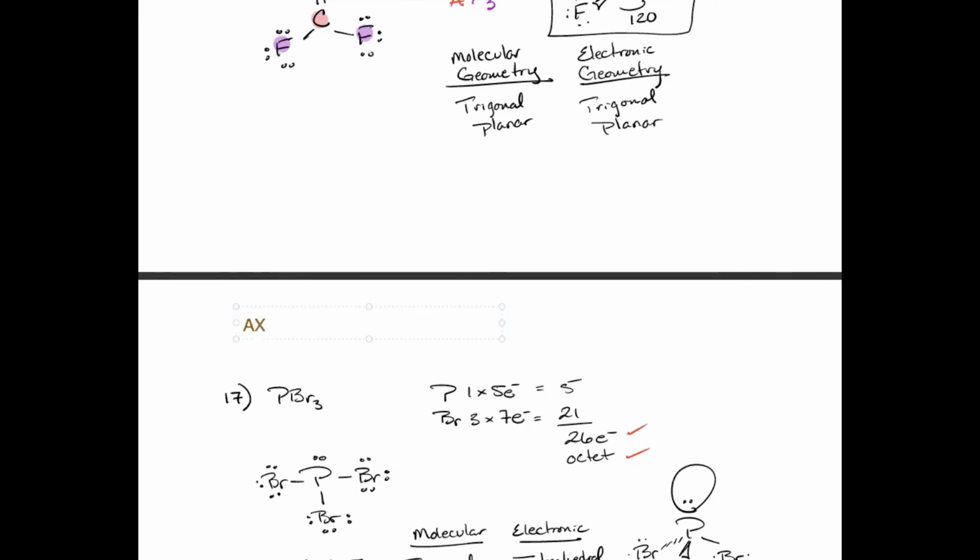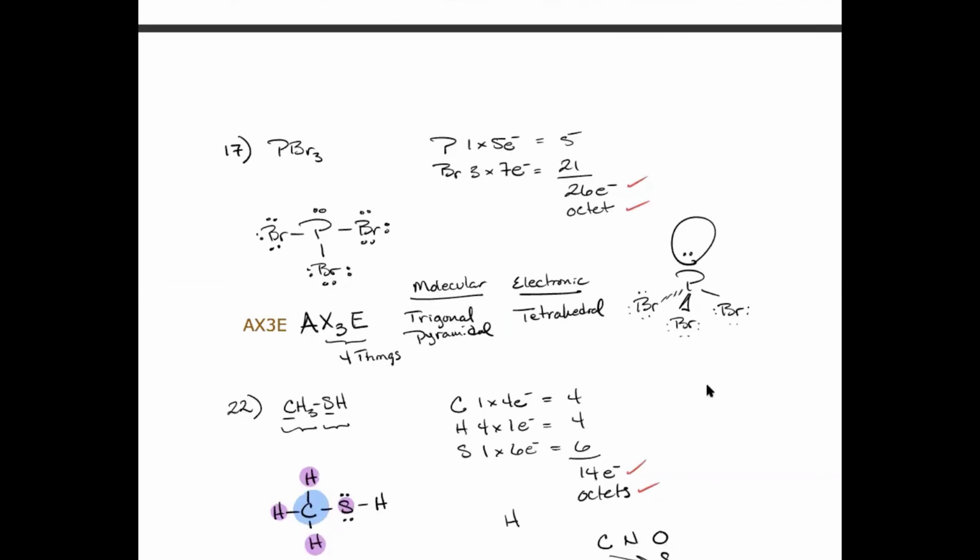Okay, so AX3. How many lone pairs? I have 1 lone pair, so I'll just say E. So AX3E has how many total things? 4. So what's the family geometry then? Tetrahedral. Is the molecule tetrahedral though? It's trigonal pyramidal. So this AX3E is going to be trigonal pyramidal.